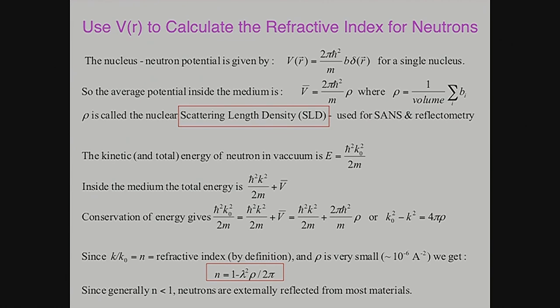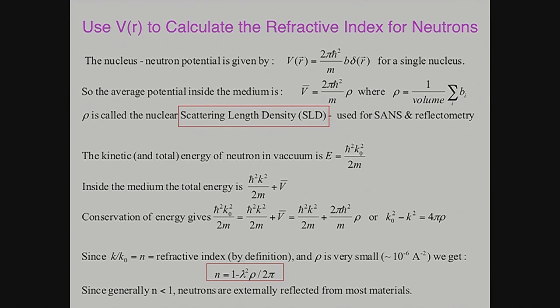This average potential energy we can now work out by using this potential that Fermi taught us and adding that together for each of the atoms, each of the nuclei inside the material, and just averaging it. That average gives us something called the scattering length density.